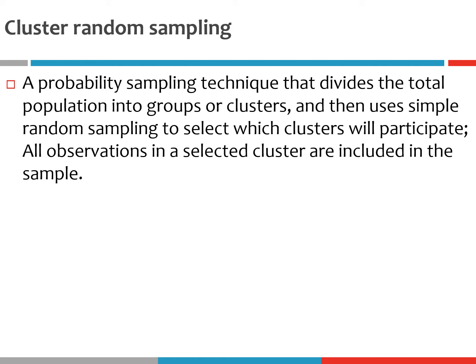Suppose you are a superintendent of a school district and you're interested in assessing job satisfaction of all teachers in your district, right? So let's suppose there are 20 schools in your district, okay? If you were to use cluster random sampling, you would randomly choose 5 of those 20 schools, okay? And then all the teachers in the 5 schools are sampled, right?